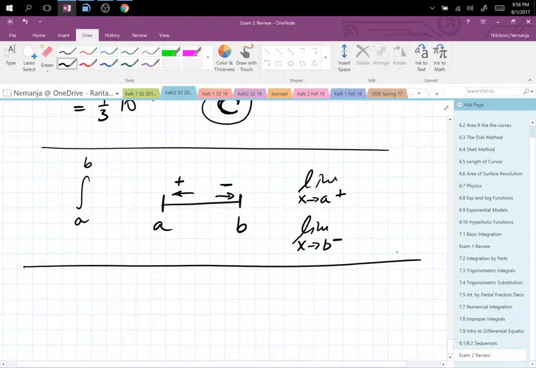Okay, integration from... sorry, that's one we always did. No, I'm so sorry about that. It's actually y prime is equal to x squared plus 4.